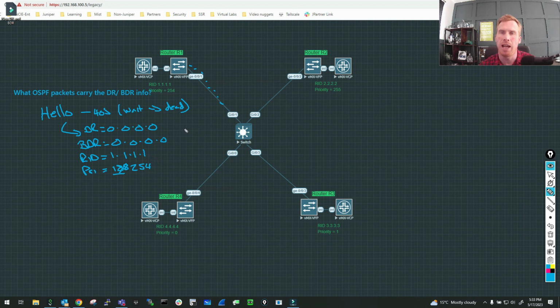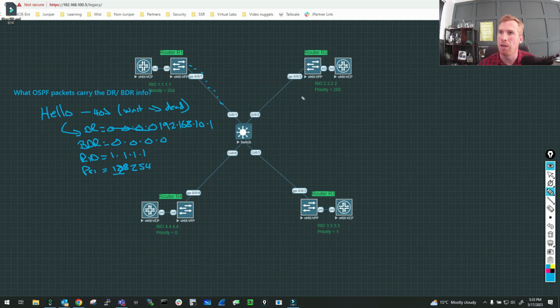So it will be sending out these packets for the first 40 seconds, and when it sees that there's no other OSPF speaking router on this multi-access network, it is going to say, okay, and this is the IP address on the interface, so it will be 192.168.10.1, and the backup designated router will stay as 0.0.0.0.